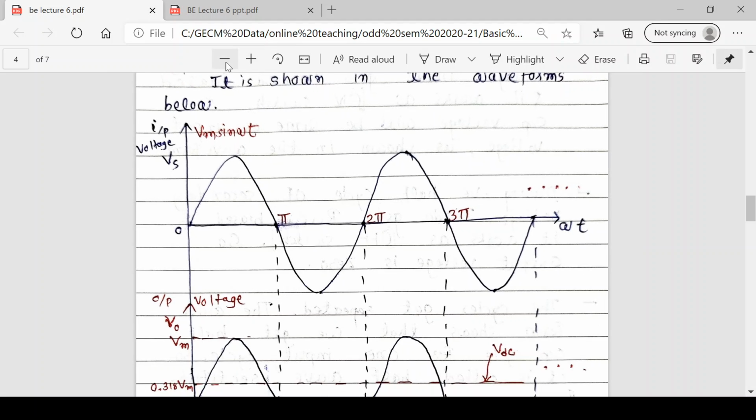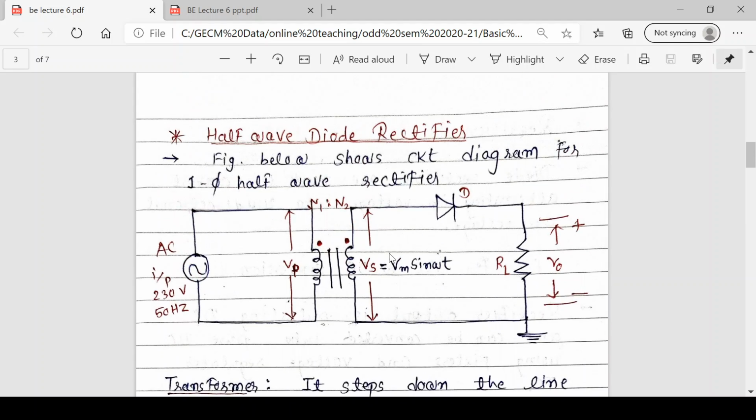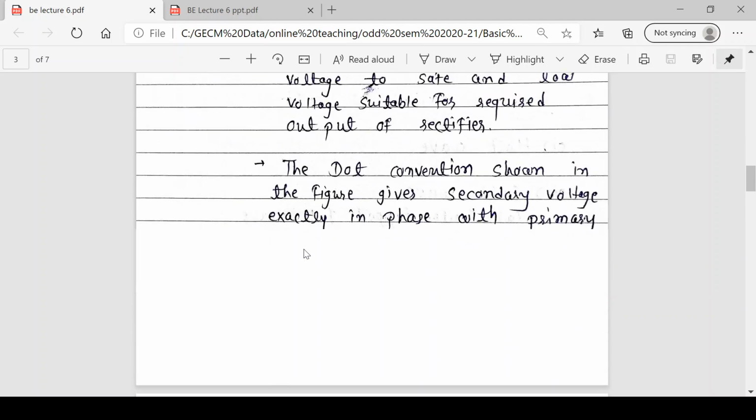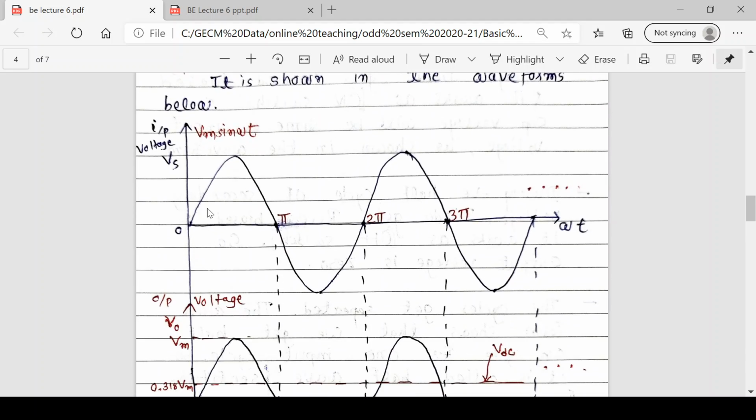Just see. Suppose this is your secondary voltage because rectifier circuit input is secondary voltage. So this secondary voltage is alternating, whose value is Vm sin omega t. So I have written input voltage secondary Vs. It is periodic pi, 2 pi, 3 pi and onwards, where x-axis is omega t.